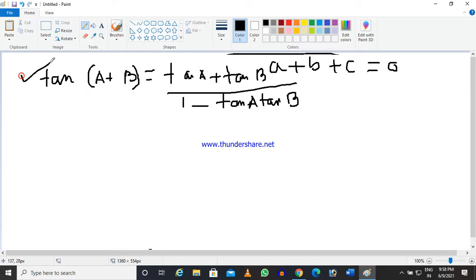This I already taught you, from sin(a plus b) and from cos(a plus b), how this formula is arrived.